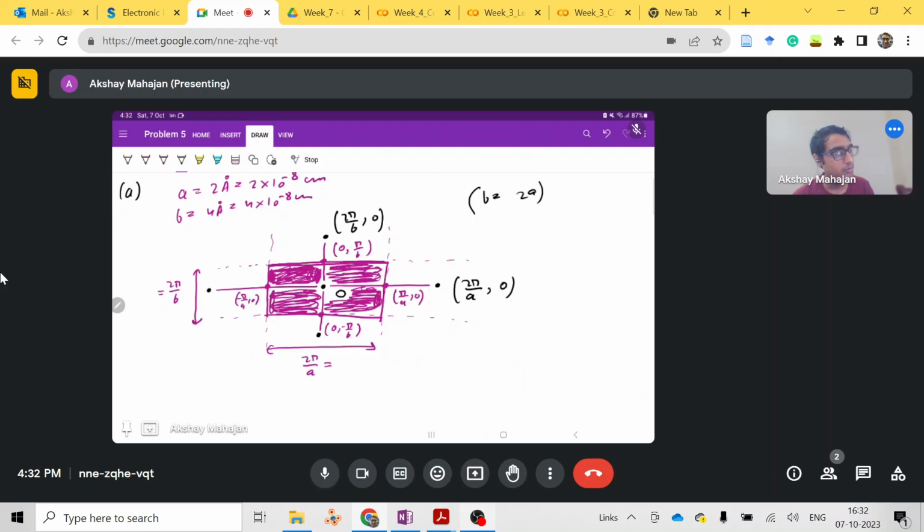If we do the calculation in centimeter, because this will come in centimeter inverse, pi divided by a, which is 2.